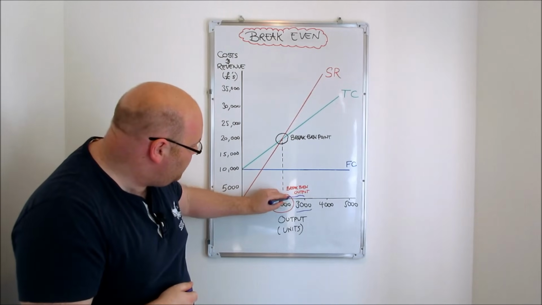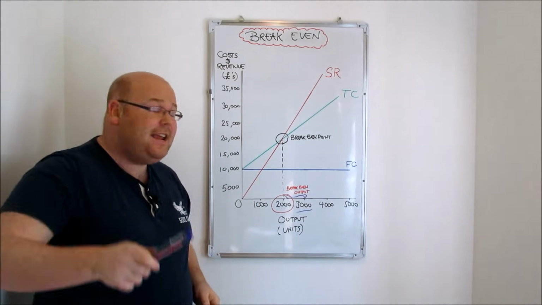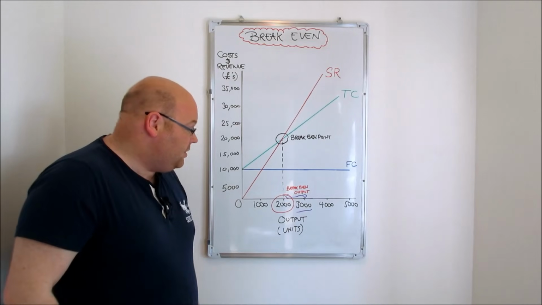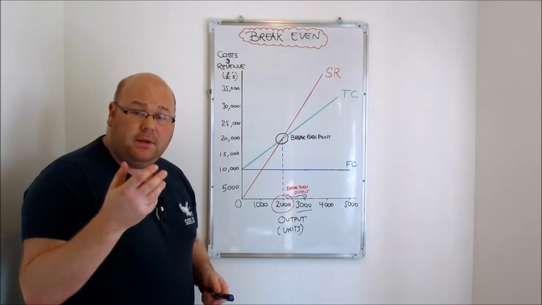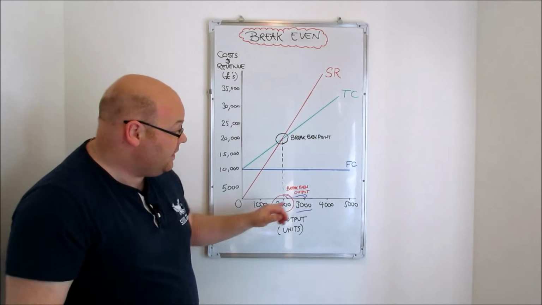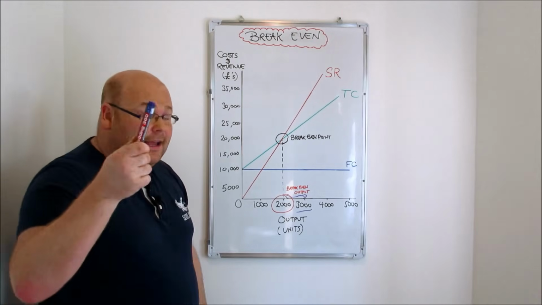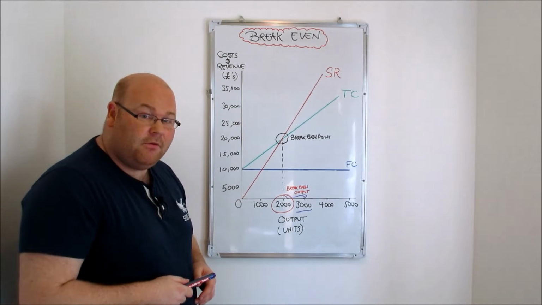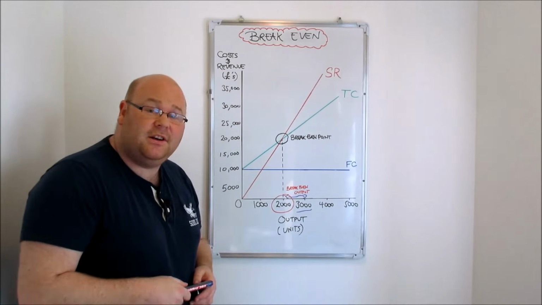So the difference between those two points there is known as our margin of safety. Now, if of course we were actually producing at 4,000 units per month, our margin of safety would be even greater. This time it'd be 2,000. If we were working at full capacity and producing 5,000 units per month, then assuming that our break-even level of output remained unchanged at 2,000 units, we'd have an even greater margin of safety there.